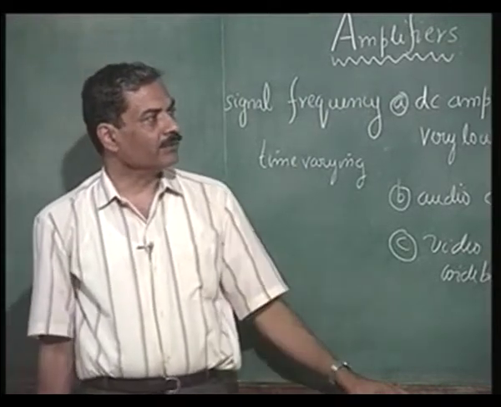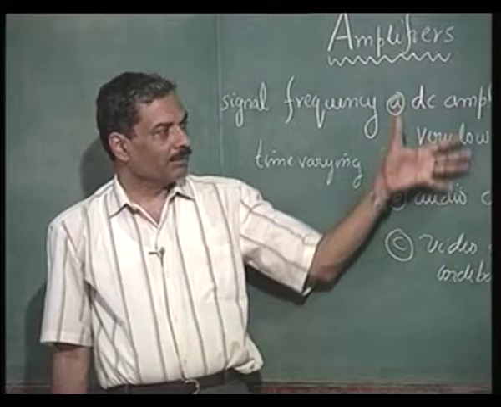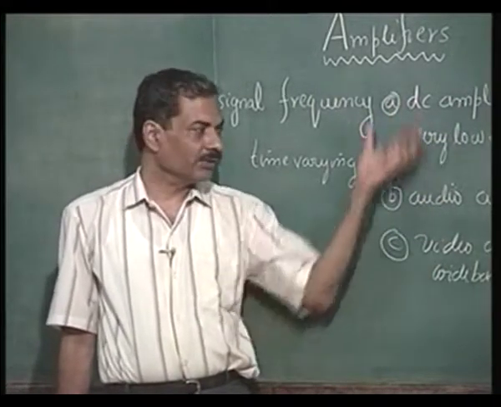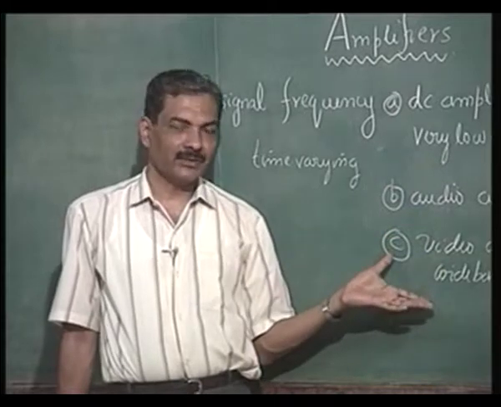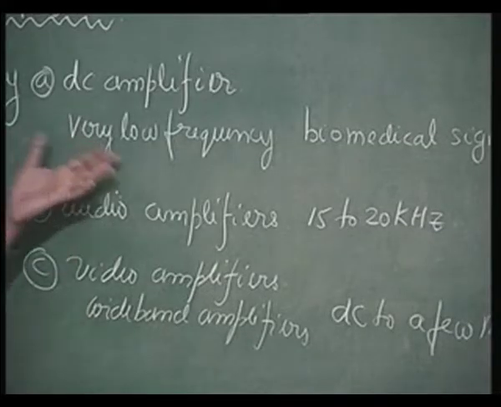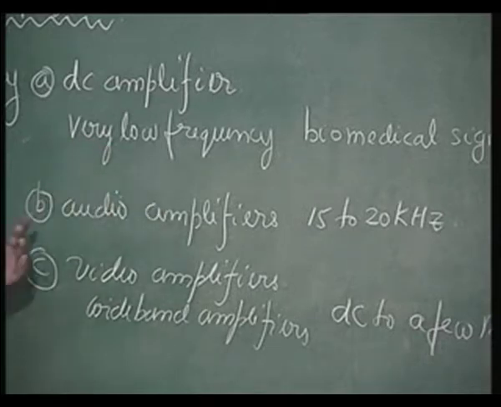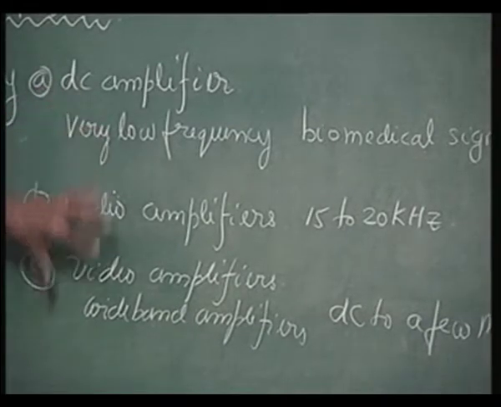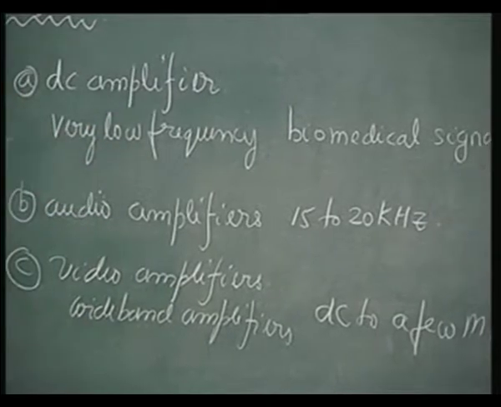In fact, therefore, our primary concern in most of the amplifier design is going to be discussion as to how to design such amplifiers. Very low frequency amplifiers, audio amplifiers, video amplifiers. So you can see the frequency range and appreciate the difficulties involved in various amplifier design.